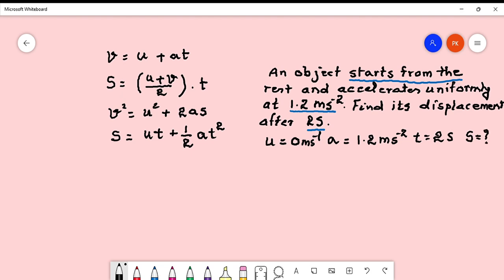Now, which equation will give you the relationship between S, U, A and T? Yes, obviously it is S is equal to UT plus half AT square.